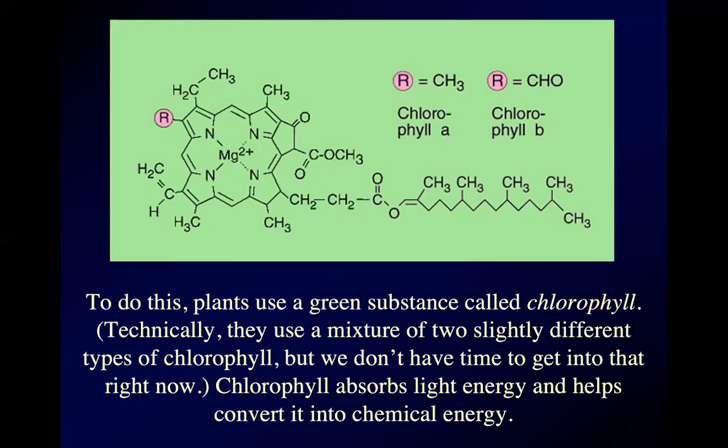And chlorophyll is able to convert that into chemical energy by means of some really amazing chemistry that I wish we had time to go over because it's absolutely beautiful, but we have to keep on going. I would really like to make this course last an entire year and meet about 8 hours a day, and then I could actually show you some cool stuff. But as it is, we're going to skip over that part.